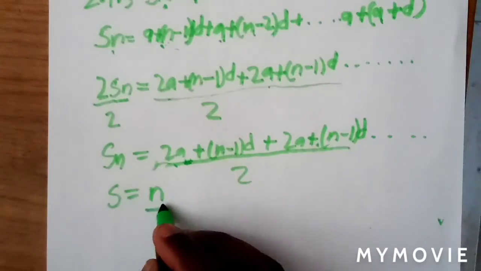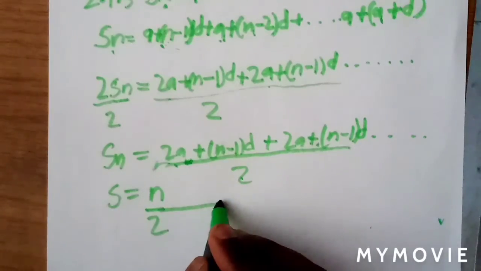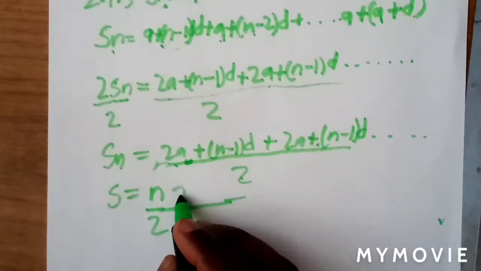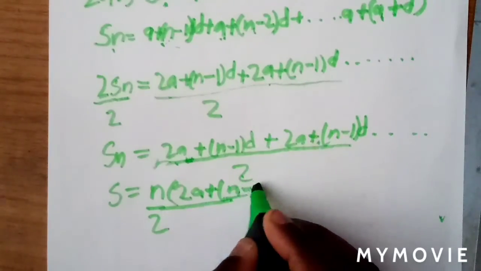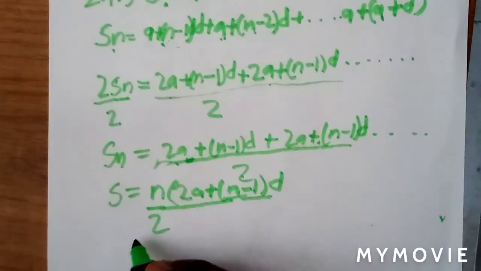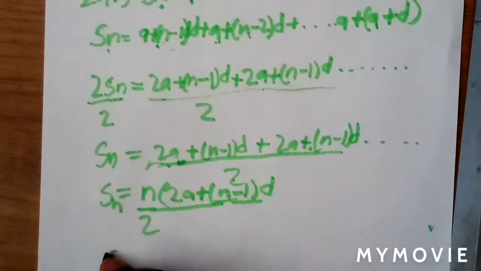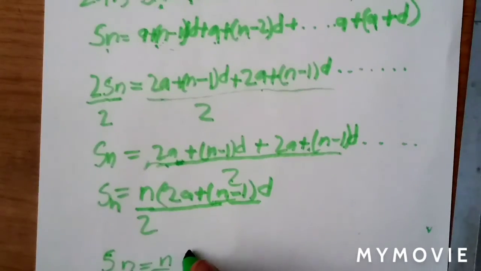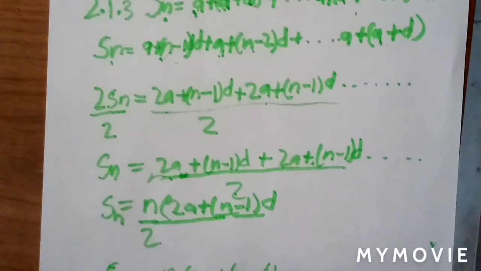Okay, then n divided by this 2 into 2a plus n minus 1 into d. Therefore, Sn is equal to n divided by 2 into 2a plus n minus 1 into d.